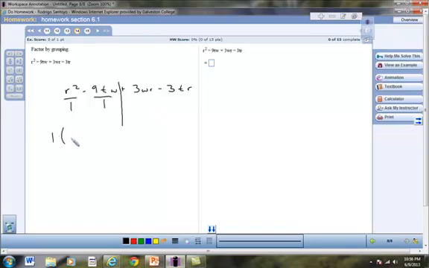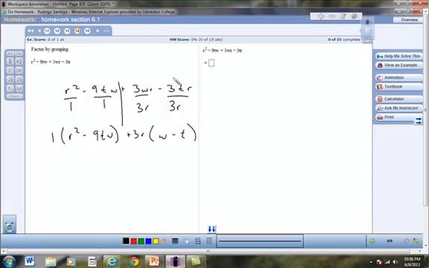Pull out a 1, everything still stays inside. Here, you'll notice that you can pull out a 3 and an r. It's a positive 3r. And you're left with what? w minus t.